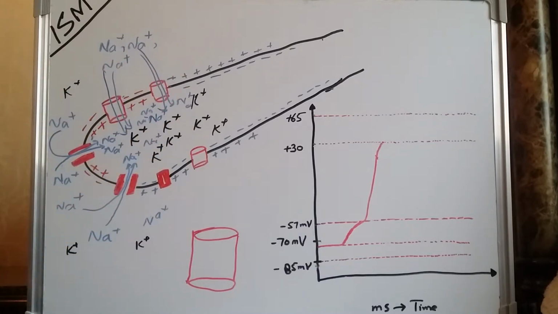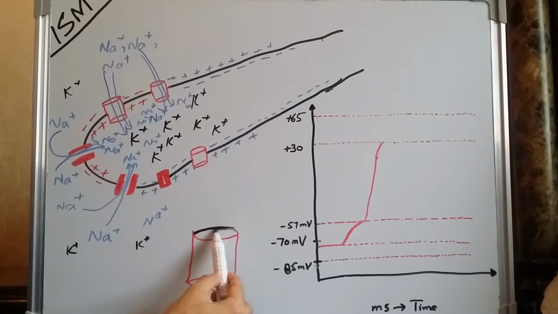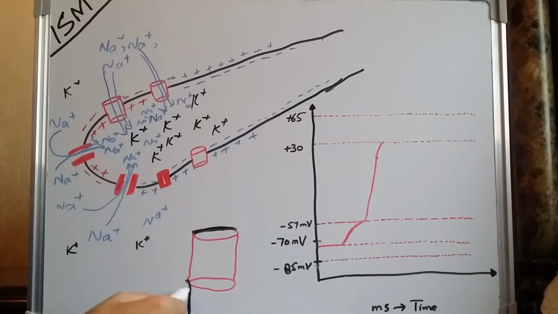But here, specific structures are present over these gates. These are the structures which don't allow the sodium to reach plus 65 potential.